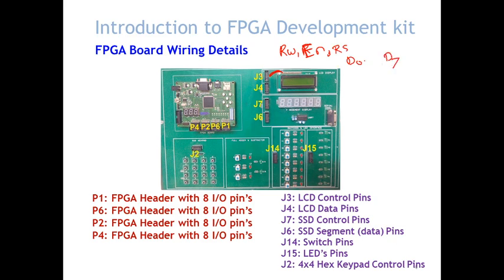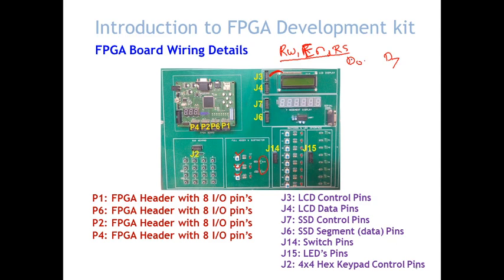So this J3 header contains these control signals as well as the full adder and full subtractor pin details. This switch is also connected through this J3 header, along with these two LEDs.